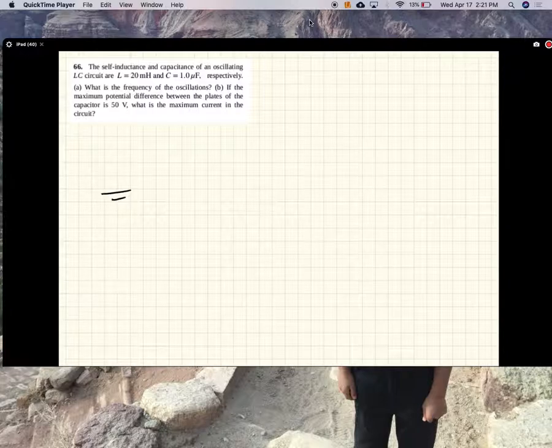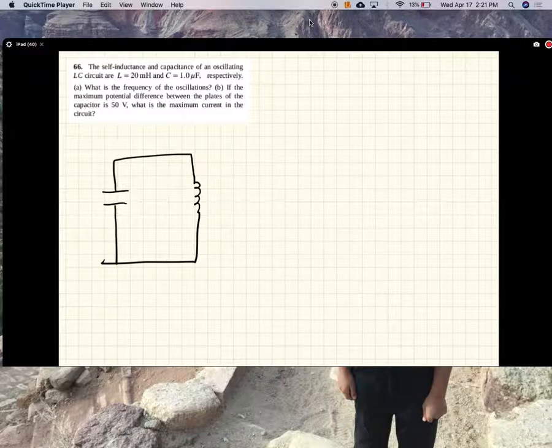So here's a capacitor, here's an inductor, and this is an oscillating circuit. The frequency of oscillation is given by 1 over square root of LC.